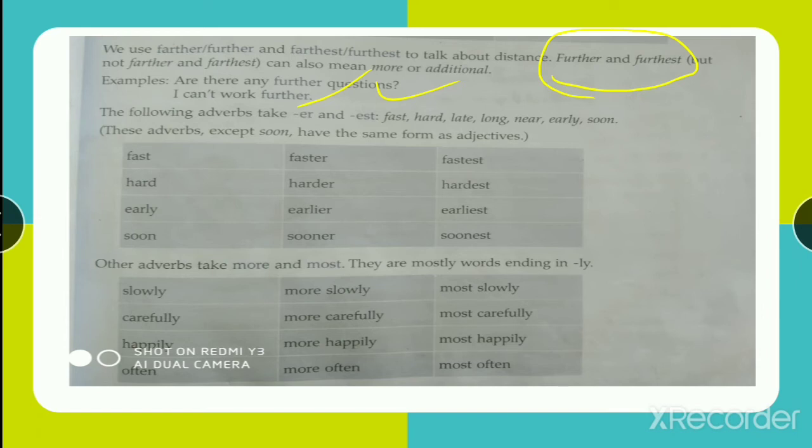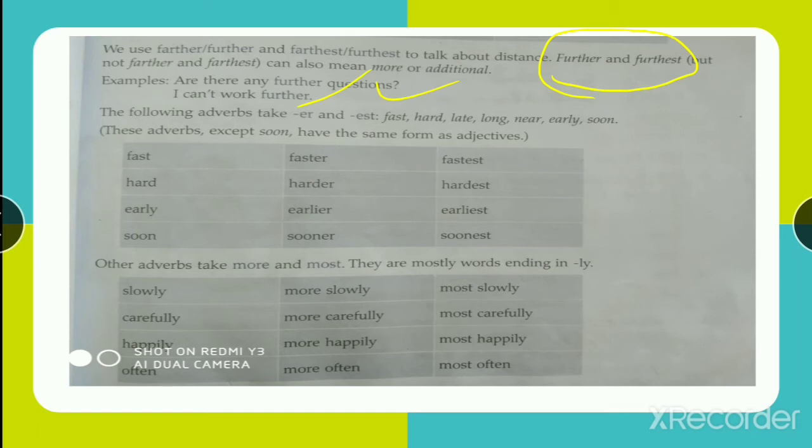And many adverbs and some adjectives have more or most, right? It means there are many adverbs which will have more or most, but there are few adverbs which will have er or est. Okay, so those few are this: fast, hard, early, soon.